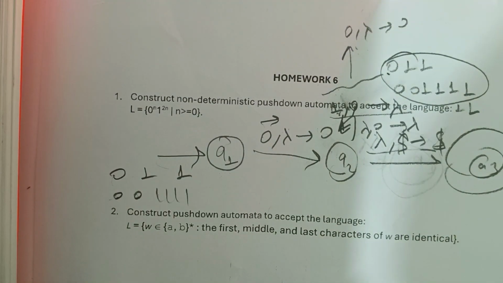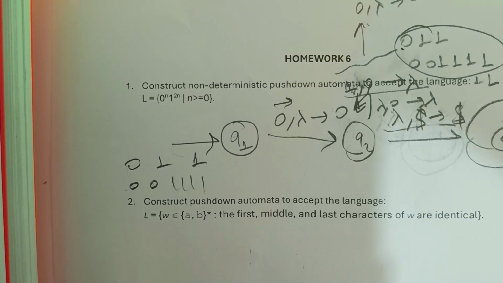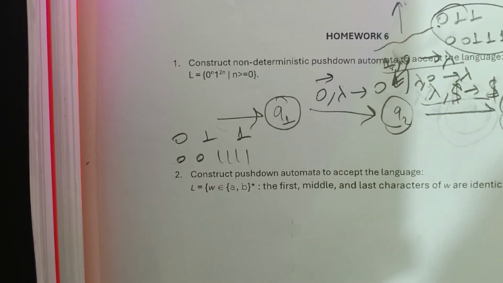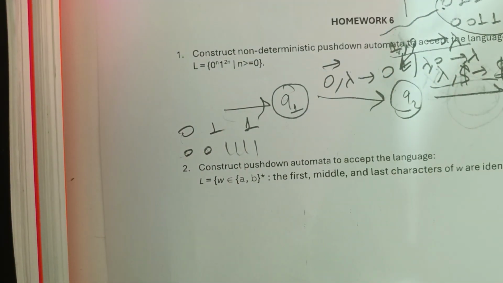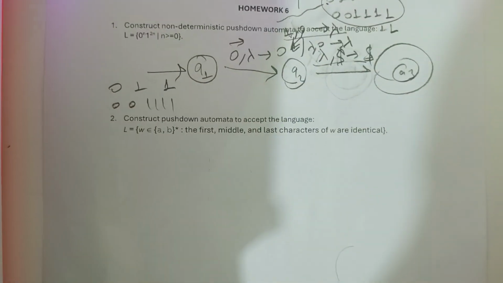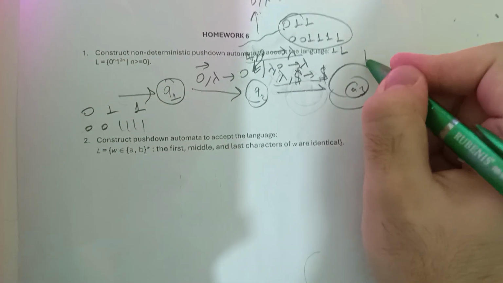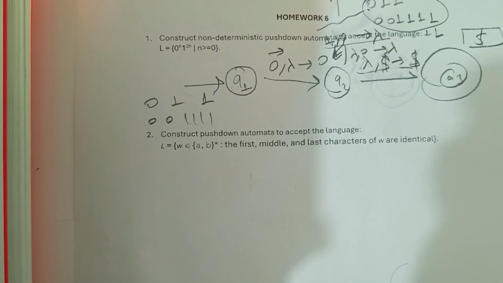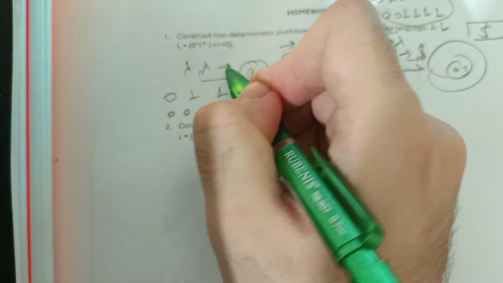I'm just thinking, what should we do? If we put a $ sign here, the initial state pushes $.